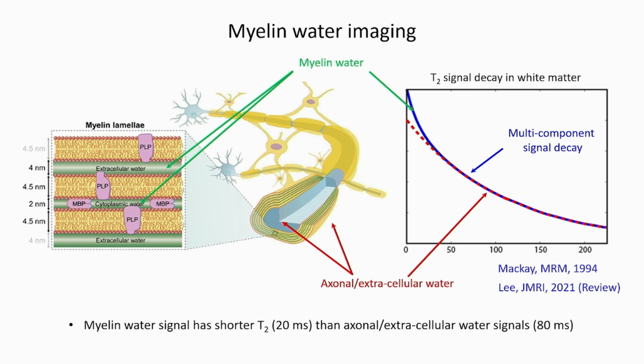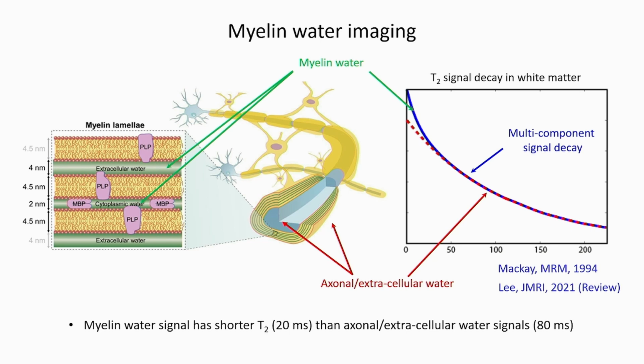And what people discovered is that the fast decaying signal, with a T2 value of 20 milliseconds, comes from a different microstructure environment. If you look at the myelin, we have the axonal space, the extracellular space, but we also have another water space called the myelin water space.